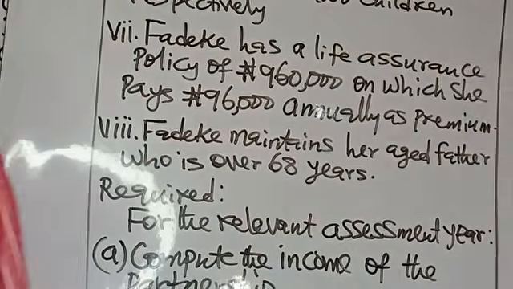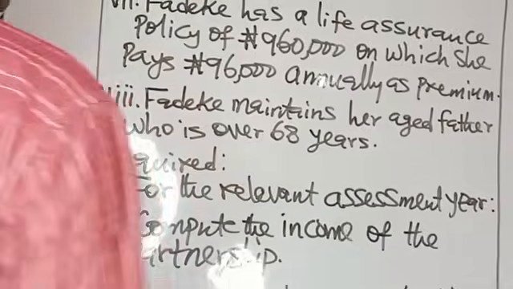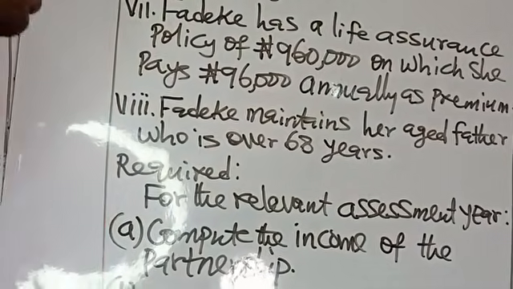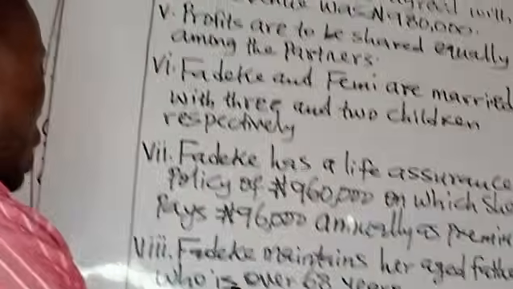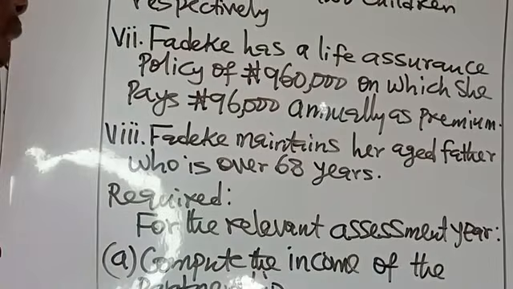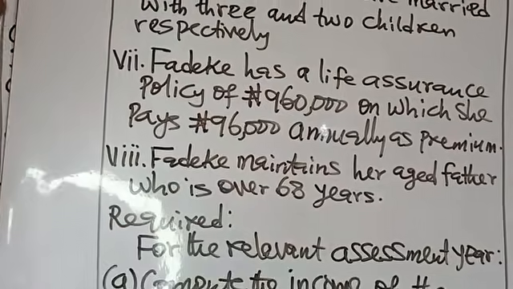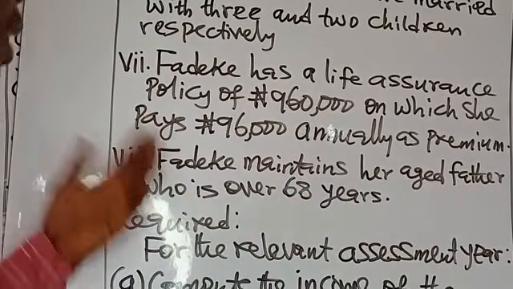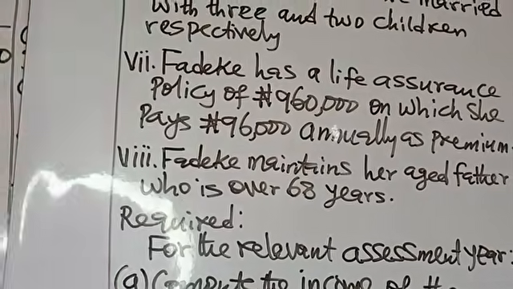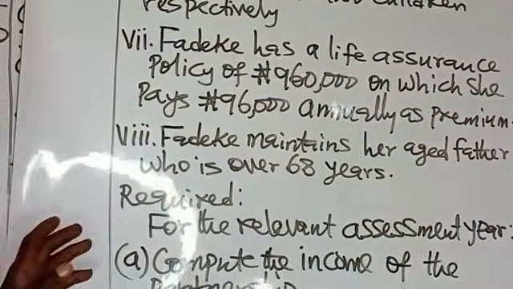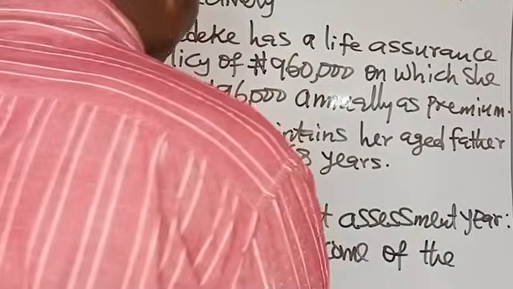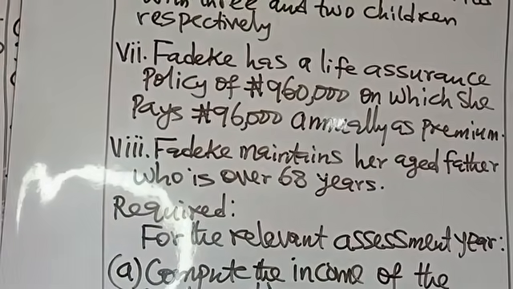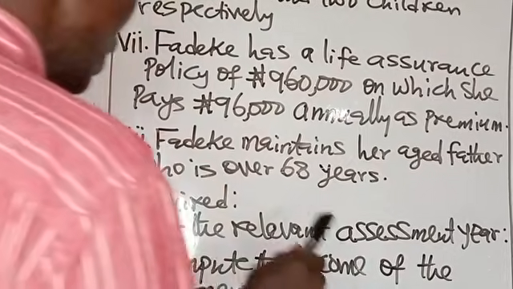So I've told you dependent relative allowance is no longer granted. It has been replaced with consolidated relief allowance. All other allowances such as personal allowance, children allowance, dependent relative allowance, and others have been consolidated to give the consolidated relief allowance. So this information is no longer relevant in the current tax provisions.